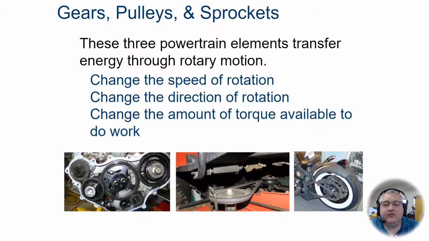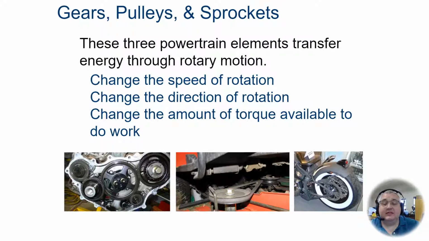And we use these gears, pulleys, and sprockets in three different ways. We either want to change the speed of rotation. We start out in first gear and we have more torque to get the car going. Then as we accelerate, it changes into higher and higher gears.